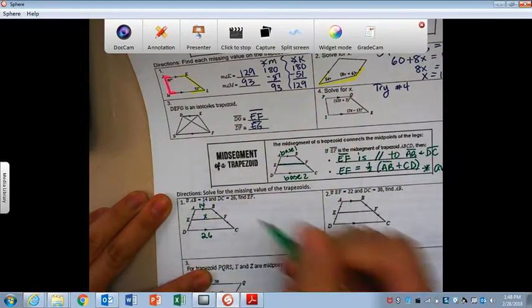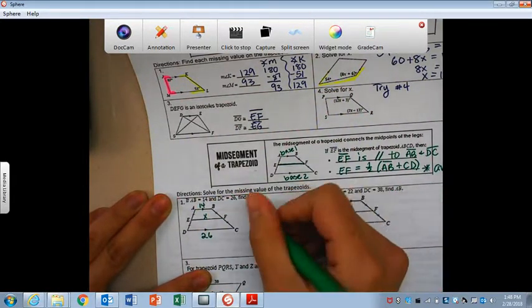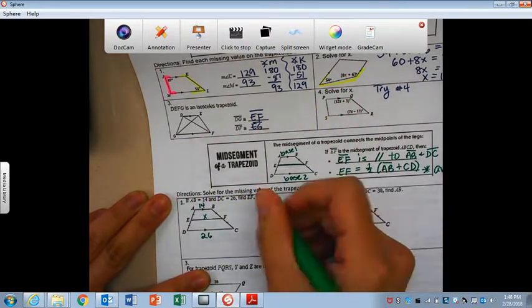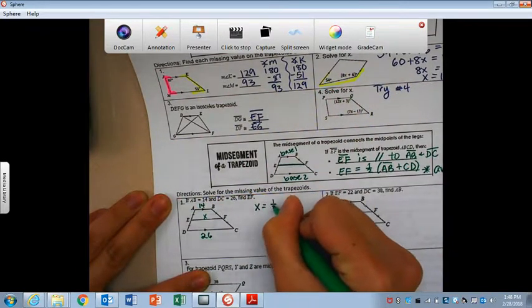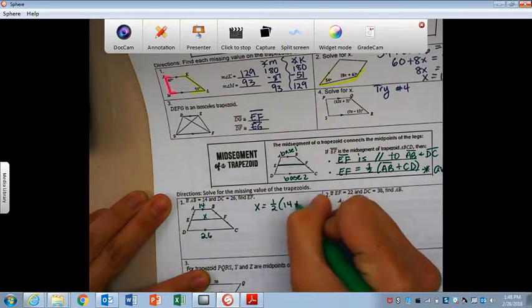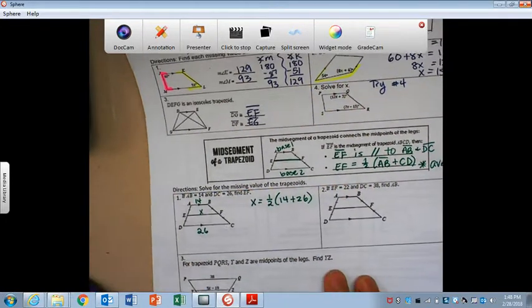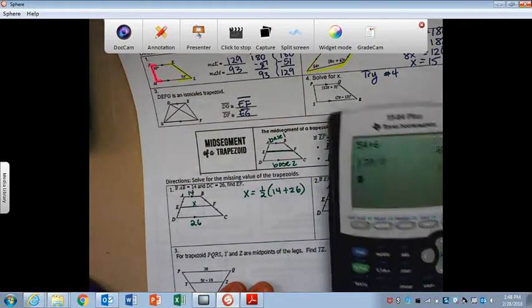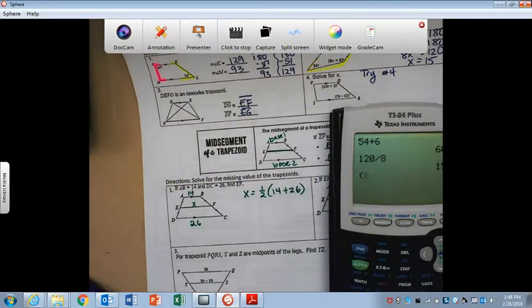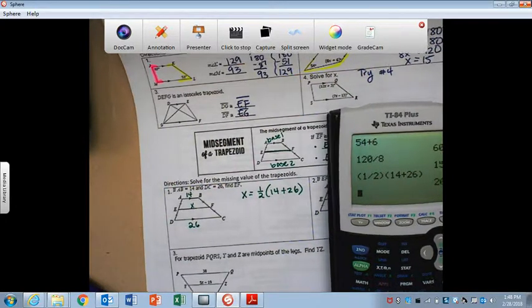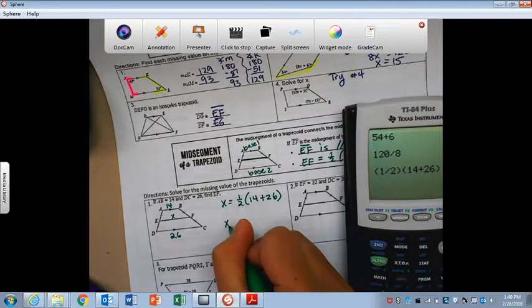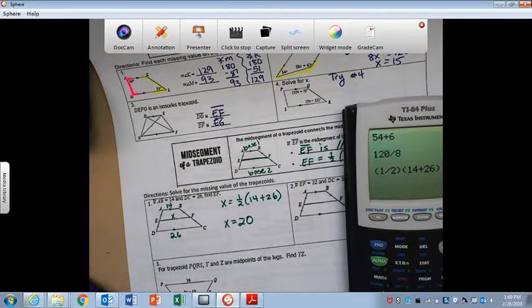So you've got X is equal to half 14 plus 26. Well, you can simply put that into your calculator, right? So you've got 1/2 14 plus 26. And then you've got X is 20, okay?